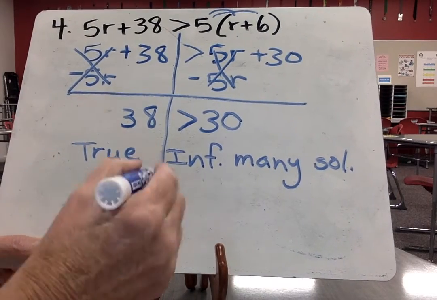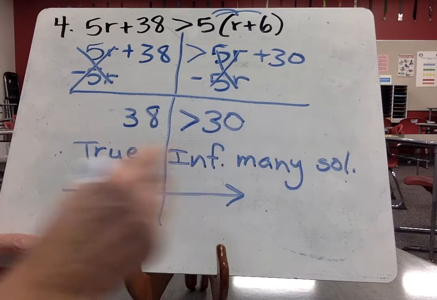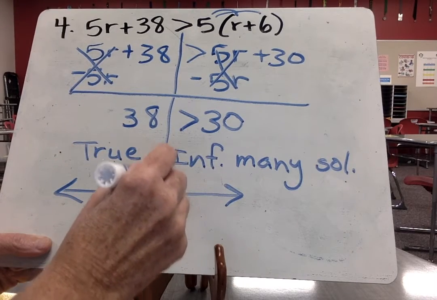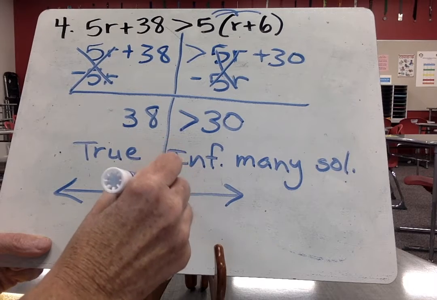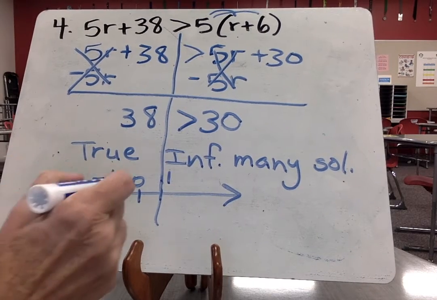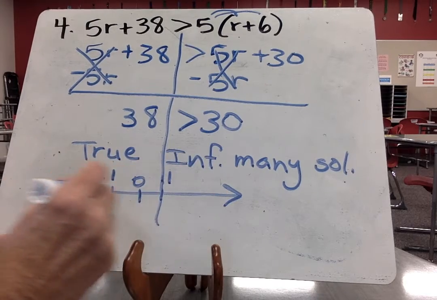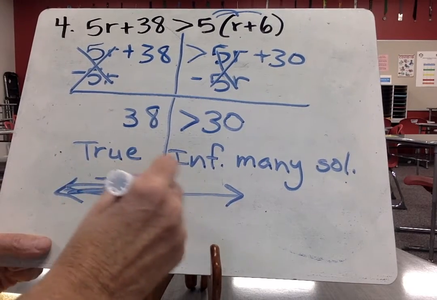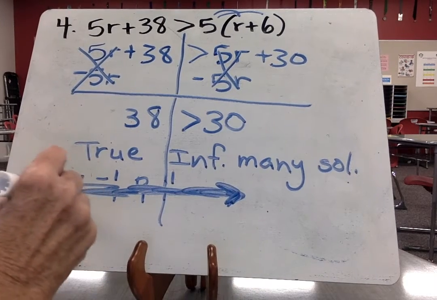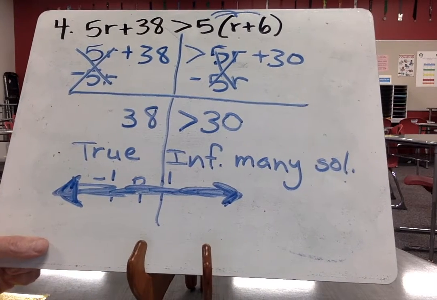Okay, how do I graph that on a number line? I might put 0, 1, -1. And infinitely many, that means anything that I can have on this number line is going to be a true statement. Okay?